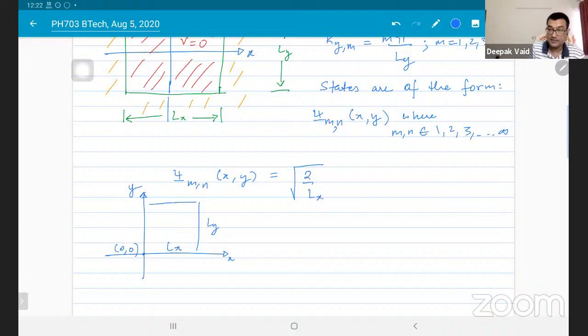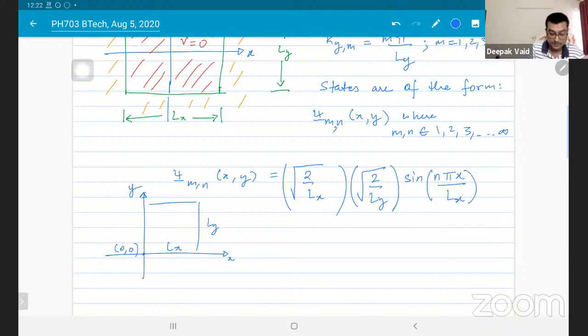Root 2 by Lx, times root 2 by Ly, times sine of n pi x over Lx, times sine of m pi y over Ly.